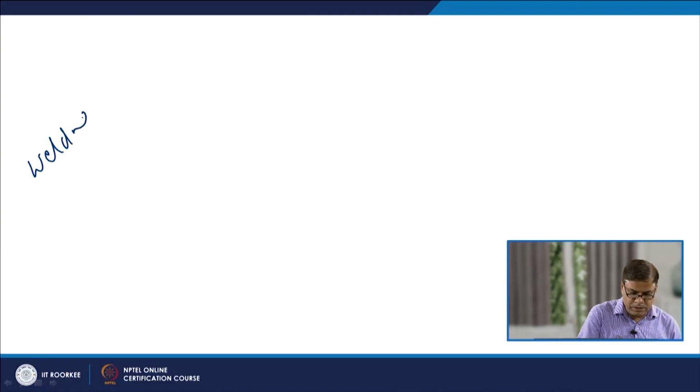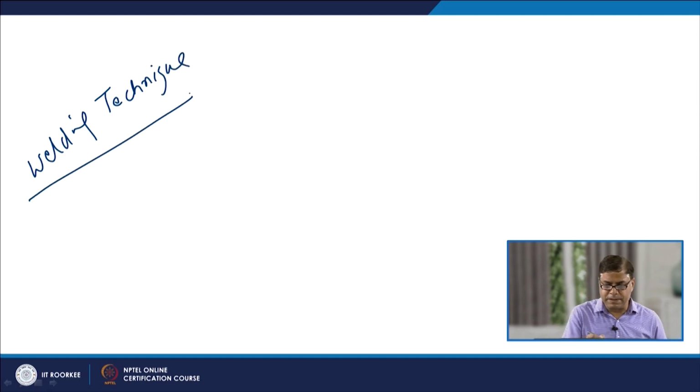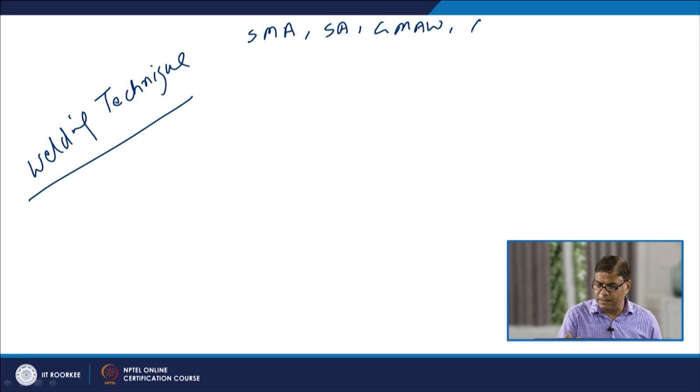As far as the welding technique is concerned, there can be a number of processes used for depositing the weld metal: submerged arc welding, shielded metal arc welding, gas metal arc welding, non-consumable processes like GTAW and PAW, and the laser beam and electron beam welding processes.